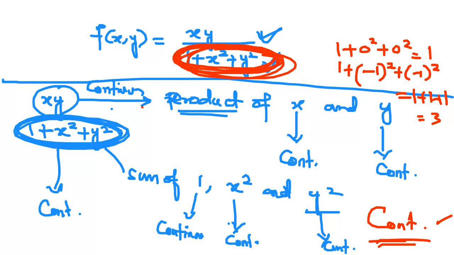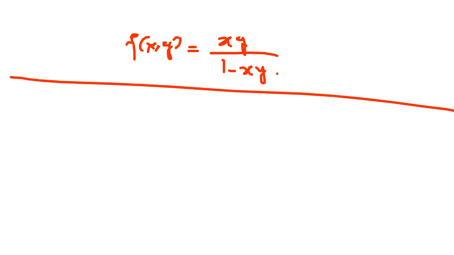So this is all about it. For example, I give you one more example so it will be more clear. If I write f of xy is equal to xy divided by 1 minus xy. Okay, now talk about this one. Is this continuous or not continuous? Anybody can answer me this one?